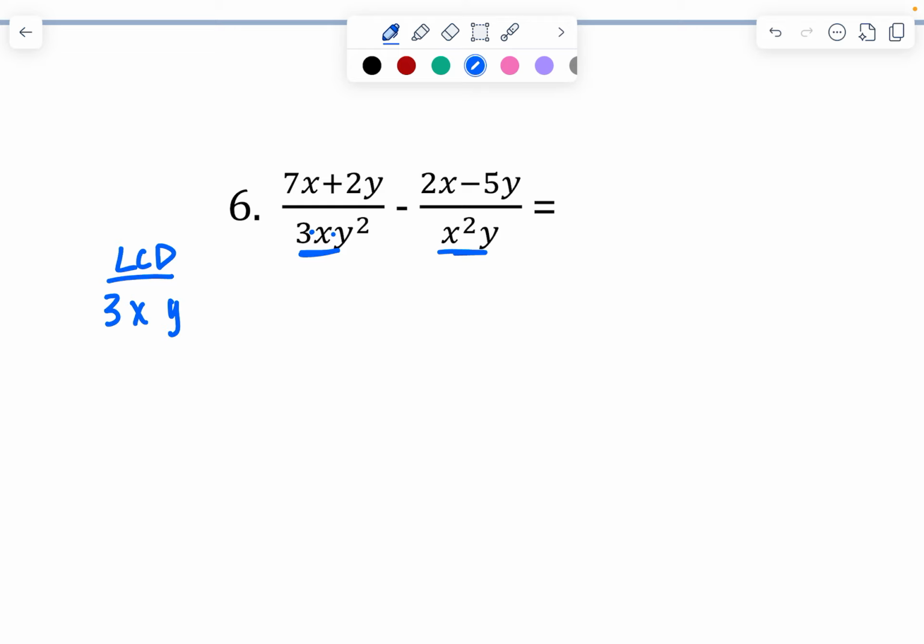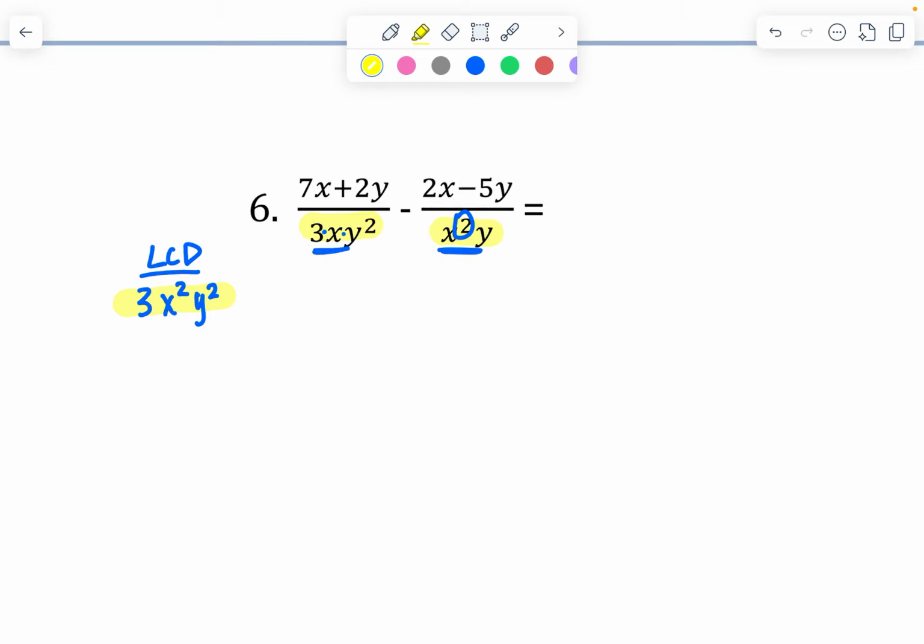And then looking over here, we've almost accounted for all of his factors except he has an x squared. So I need an extra x for my LCD. So now when you look at this LCD, 3x squared y squared would be divisible by this and divisible by this. And it's this least common denominator between those two.